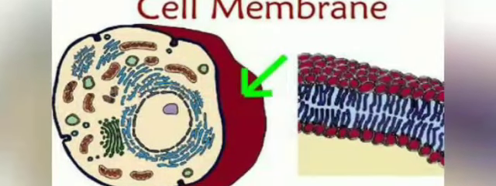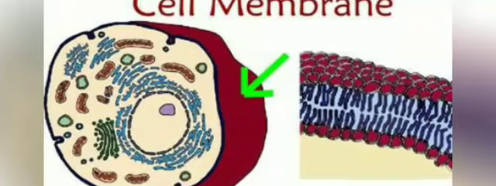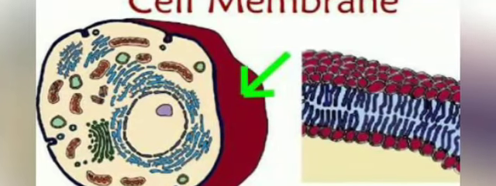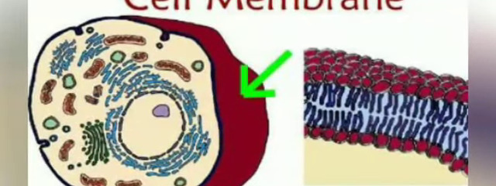Some substances like carbon dioxide or oxygen can move across the cell membrane by a process called diffusion. Okay. And diffusion is the spontaneous movement of a substance from a region of high concentration to a region where its concentration is low.